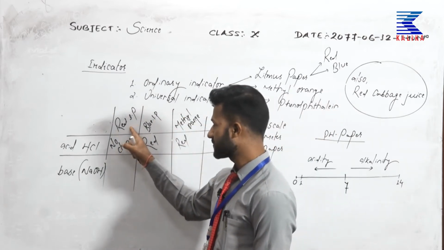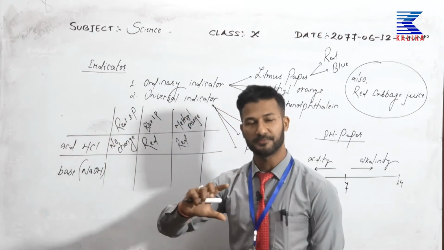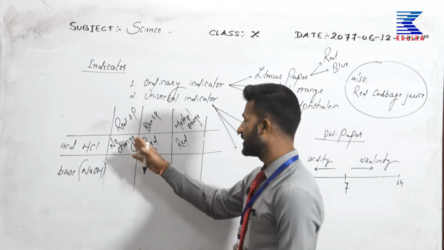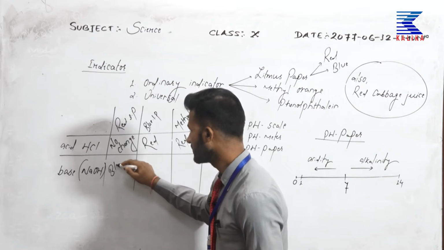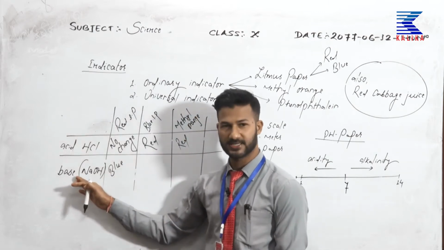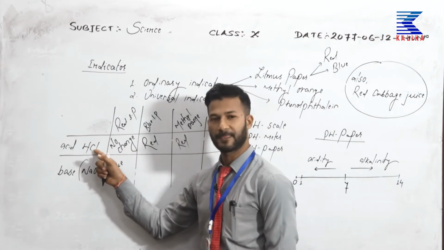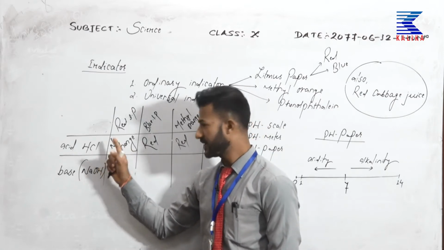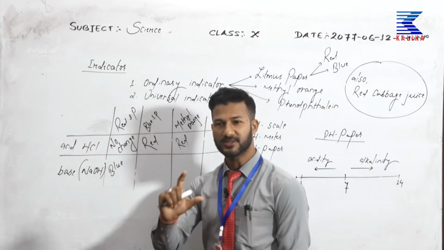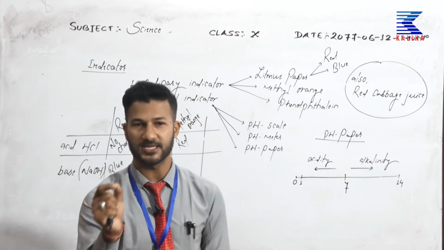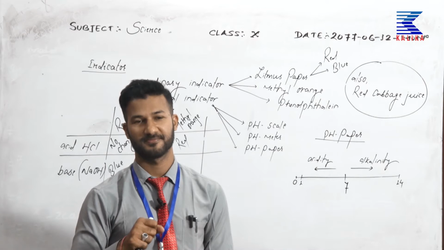With red litmus paper, base shows a change in color, meaning red litmus paper is turned into blue color when treated with base. With the same indicator, there was no change brought by HCl, but base brings changes. So this contrasting nature of acid and base is how we are able to identify them in the chemical lab.